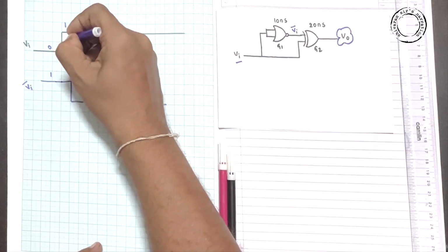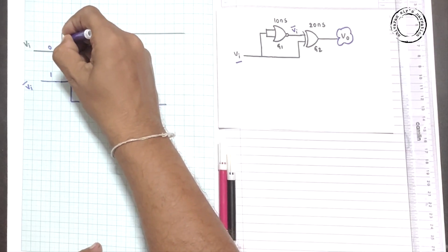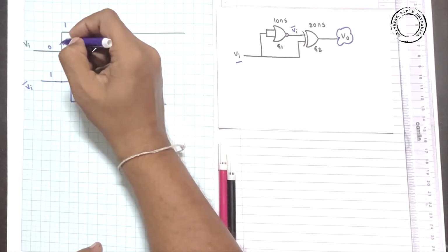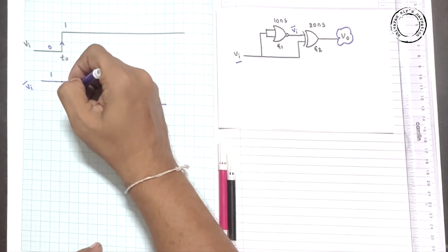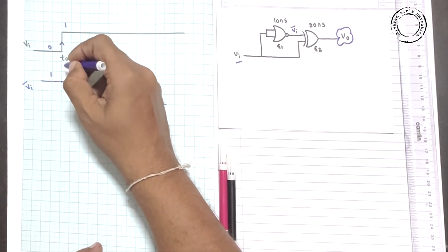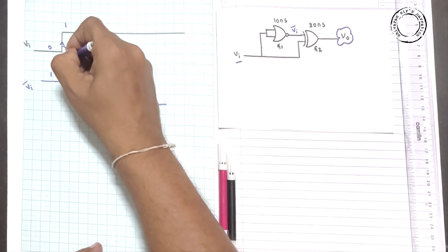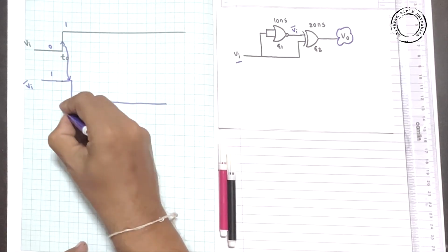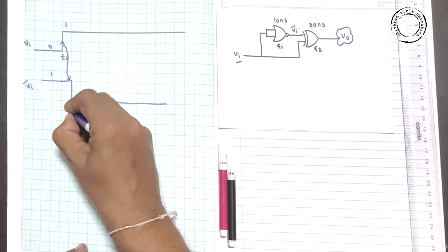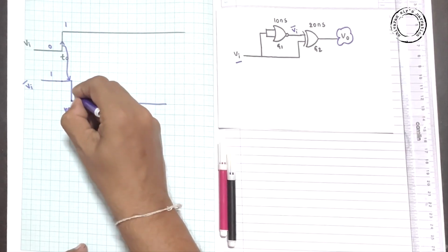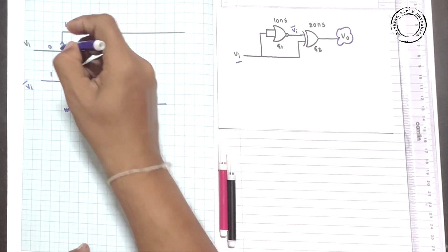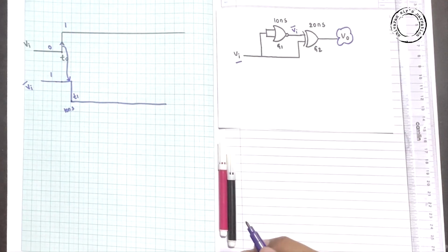Okay guys, whatever T naught has changed from 0 to 1 is going to impact the output of G1 after 10 nanoseconds. Let's consider this as T1 and this is anyway T0.